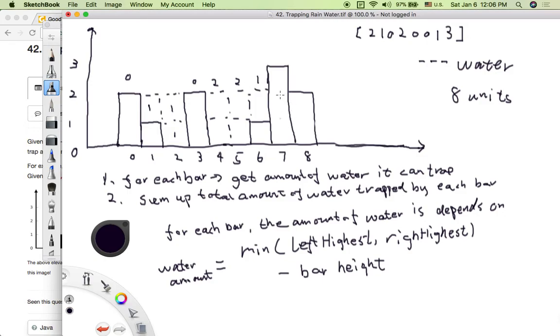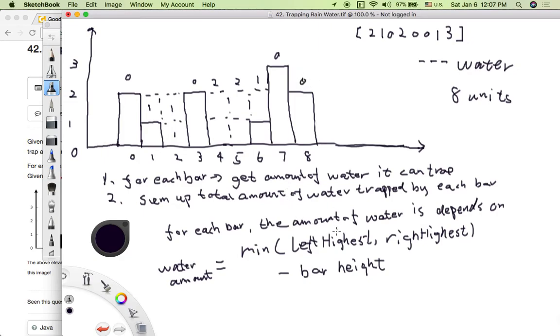And the seventh index, this one is the highest one, so the minimum of left highest and right highest is 2, which is shorter than its own height, so we won't get any water, only 0. And index 8 is the last bar; because the highest on its right side is 0, no matter how high the left height is, it can only get 0.